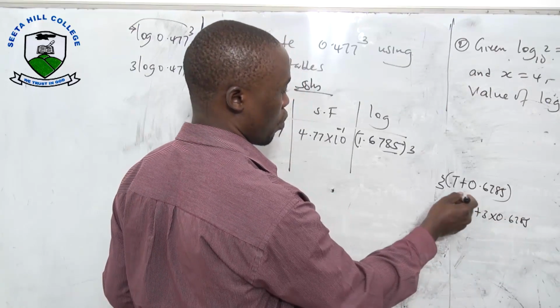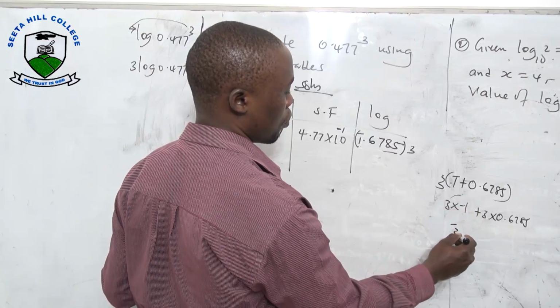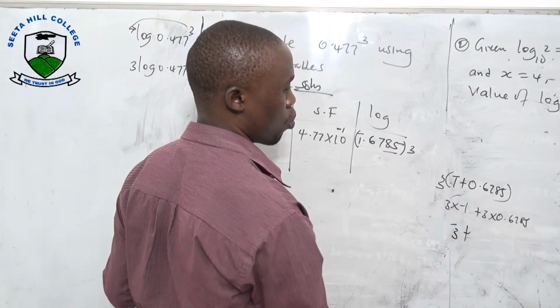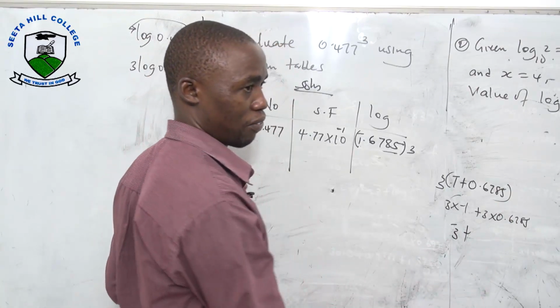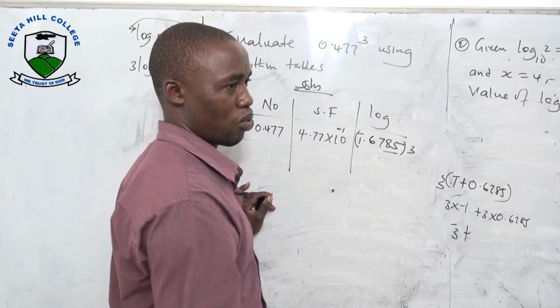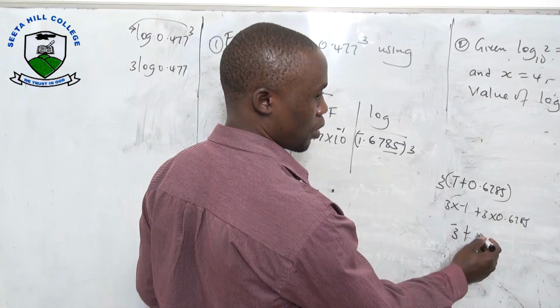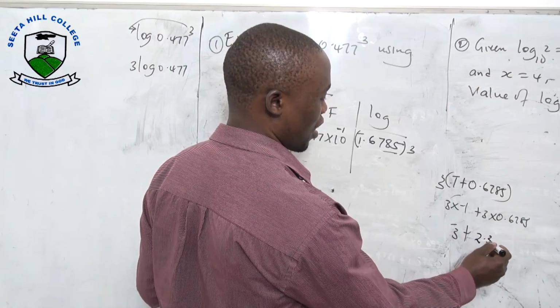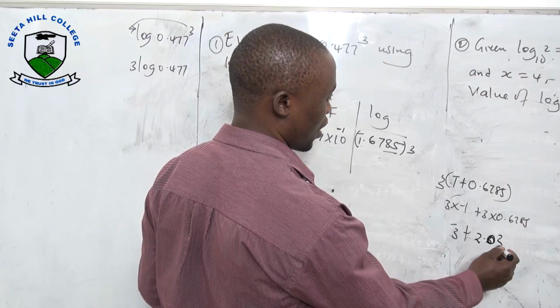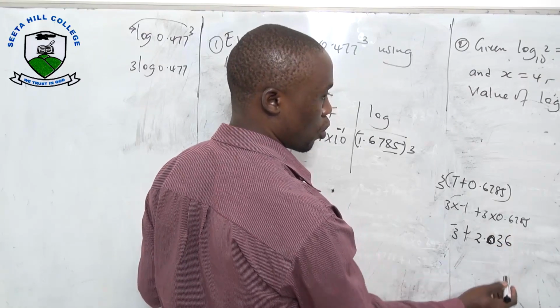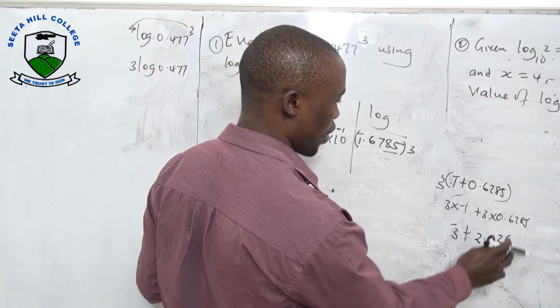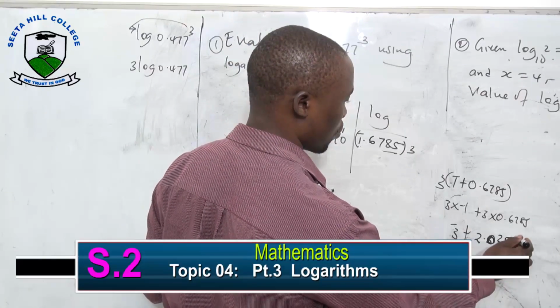So what do you have here? Negative 3 plus 2.0, as if 2 point what? 2.03. No, 4 decimal places what? 55. Yeah.